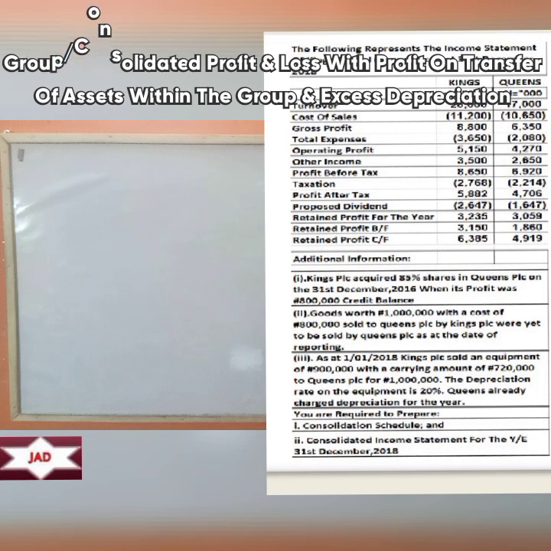As at 1st January 2018, Kings PLC sold an equipment of 900,000 naira with a carrying amount of 720,000 to Queens PLC for 1 million. The depreciation rate on the equipment is 20%. Queens already charged depreciation for the year. You are required to prepare the consolidation schedule and consolidated income statement for the year ended 2018.